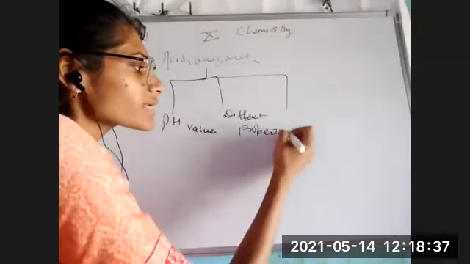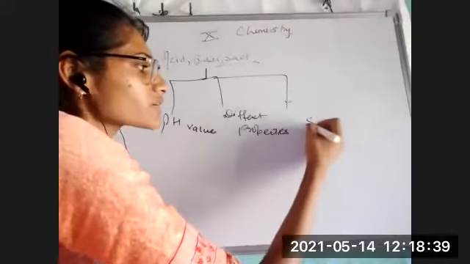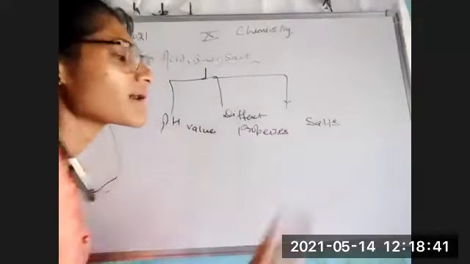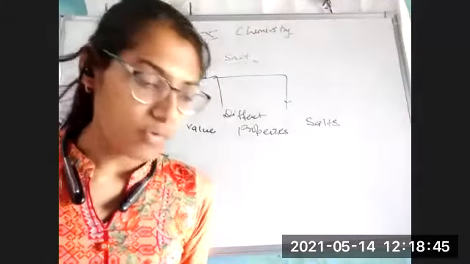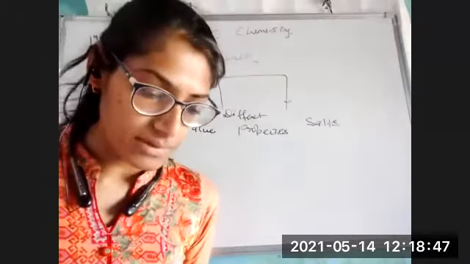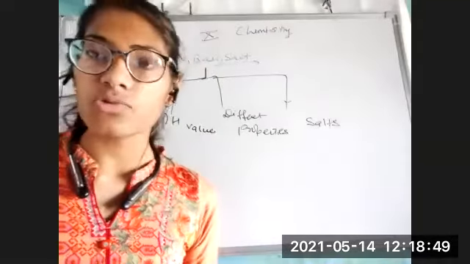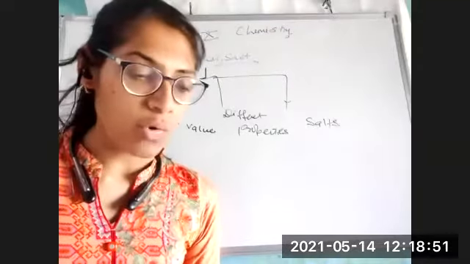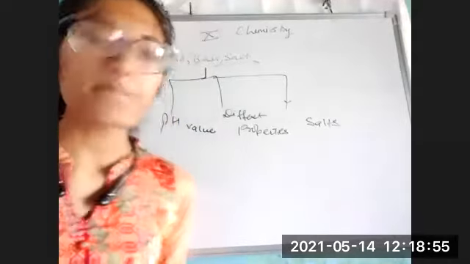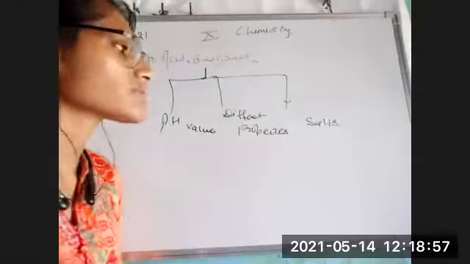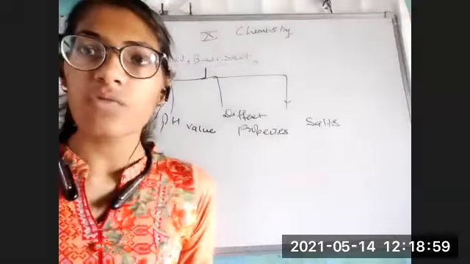And the last one is your different salts, like the plaster of Paris, like sodium chloride, or we have studied the copper sulfate solution and many more. So the whole NCERT exercise and this whole chapter is completely based on these 3 topics. Now let's start with your first question.